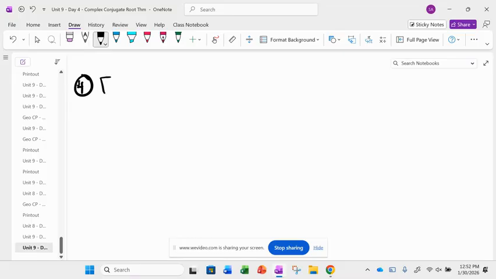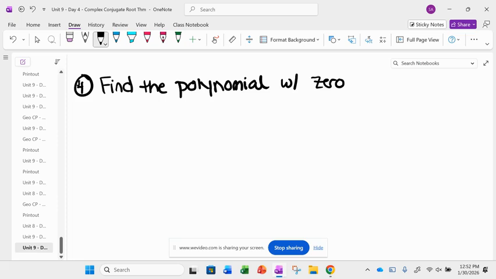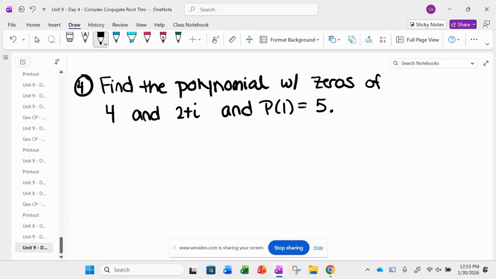All right, so now I'm adding in another layer here. Find the polynomial with zeros of 4 and 2 plus i, and P of 1 has to equal 5.